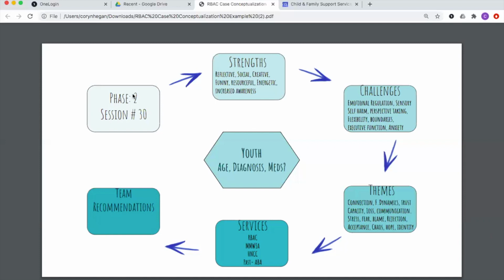Sometimes we realize as we're staffing that we're in a different phase than we thought, and we come to that by talking through the challenges, the themes, and what we've done in treatment and intervention so far. Sometimes we're a phase ahead, and sometimes a phase behind, but most of the time we're on par with where we really are.